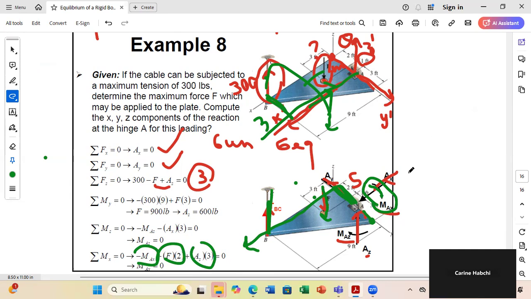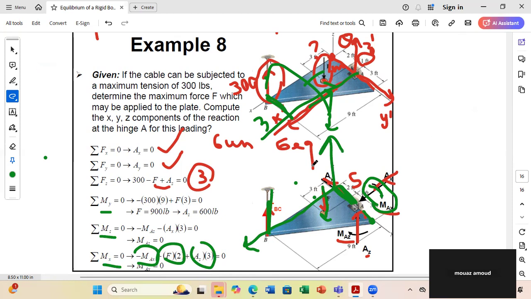Okay? And then if I use the right hand rule, I can write 3 equations, one about X, one about Y, one about Z. For example, if I take about Z, all forces are parallel to Z, except which one? Except AX. So if I take sum of moment about this Z axis, all forces are parallel to it, no moment.